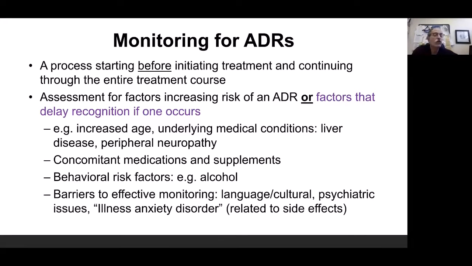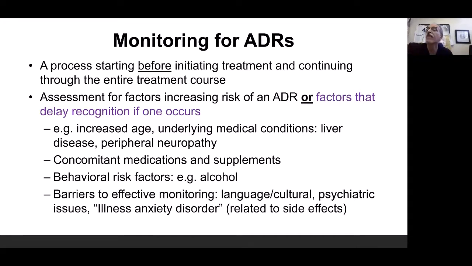Or on the other hand, are they a patient who has illness anxiety disorder, meaning that they're going to complain about side effects to everything no matter what is happening? Being able to understand this ahead of time is important as you follow these folks during the course of their treatment. And then the other component of monitoring for adverse drug reactions is baseline laboratory monitoring.